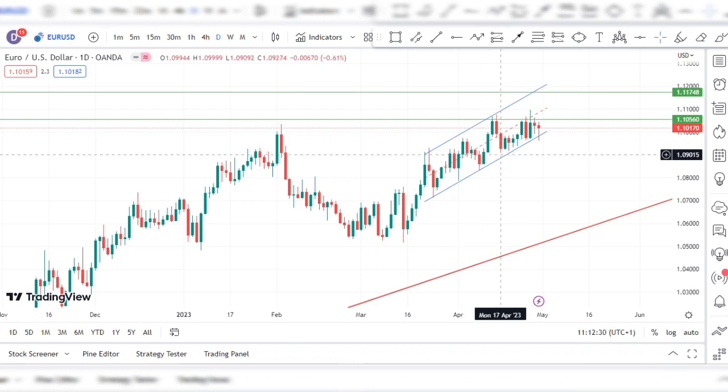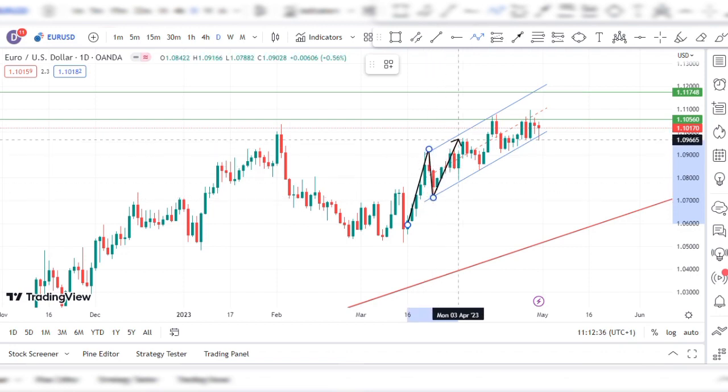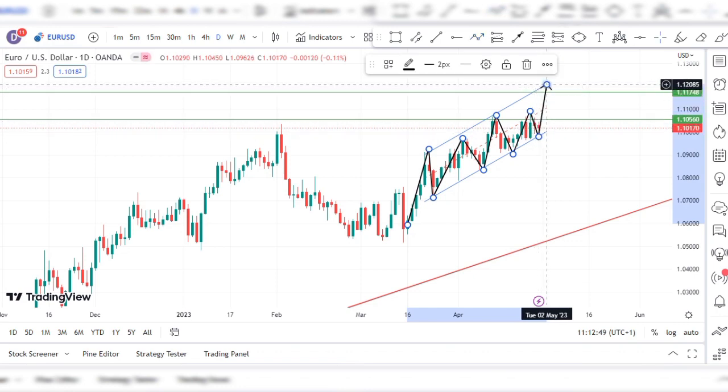of ascending channel where price has been moving through. We can see that price testing that several times, okay, to the top side, came down here and then has formed this sort of pin bar candle there again, and possibly price moving to the upside.